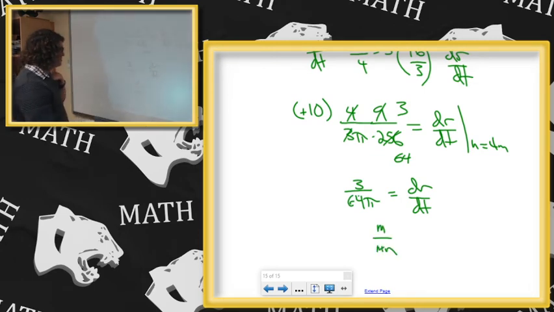For centimeters, you just multiply by 100, and the ratio would end up looking a lot nicer in decimal form. All right, I think that one's okay.